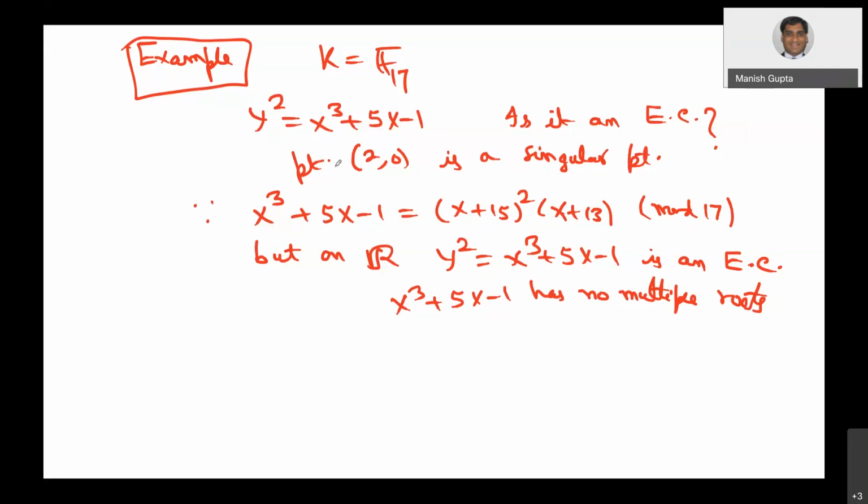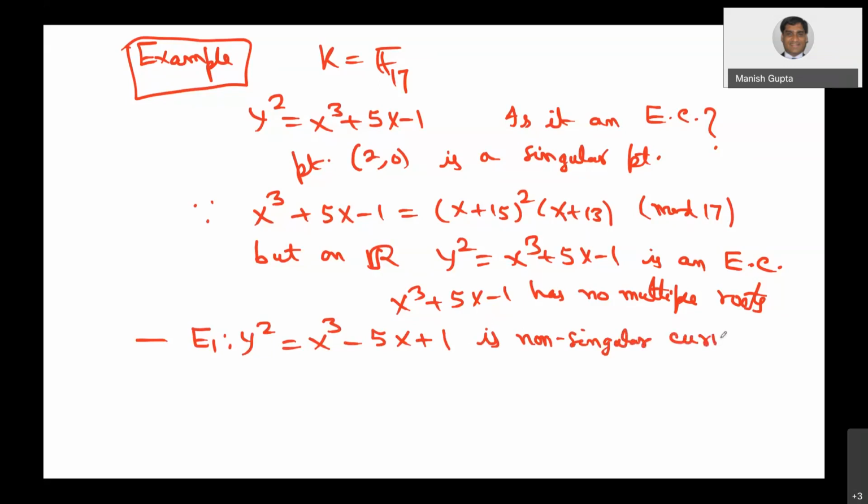Okay, now let us take another example here. If I take the curve E1 to be y square is equal to x cube minus 5x plus 1, I've changed it slightly with minus 5 here. This is a non-singular curve, you can check. It is a smooth curve. There is no singularity.